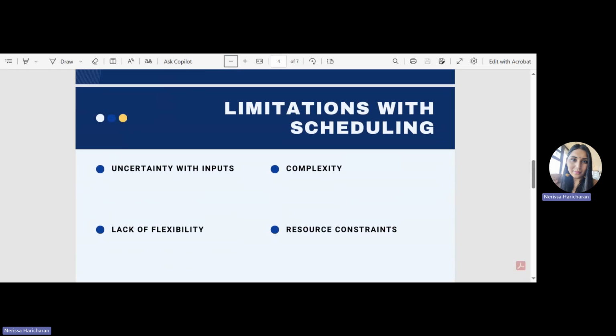All right. Then we want to talk about complexity. Firstly, if you have a large number of jobs that you're pushing through a production process, and your constraints increase, it becomes a lot more complex for your scheduling.